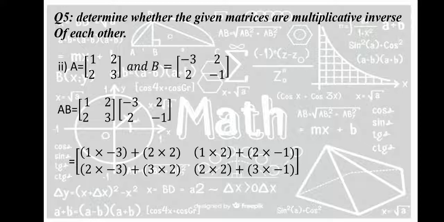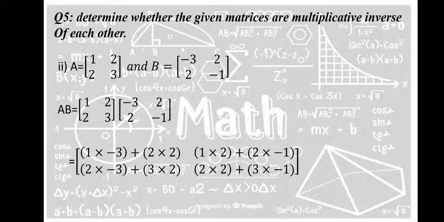Second row will be multiplied by the first column in the second line, so 2 multiplied by -3 plus 3 multiplied by 2. Second row will be multiplied by the second column in the second line, 2 multiplied by 2 plus 3 multiplied by -1.